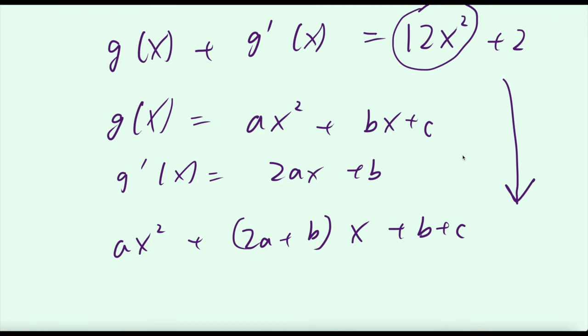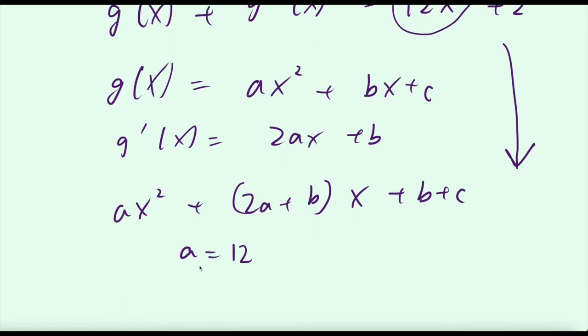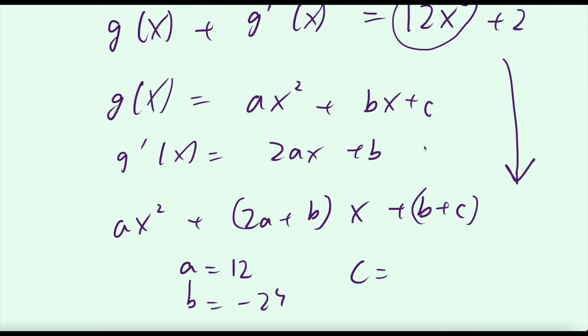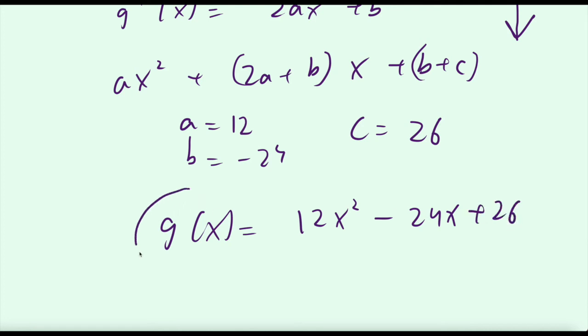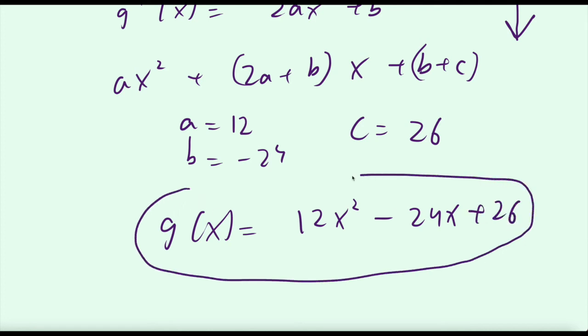Now if you equate the coefficients, you get a is equal to 12, 2a plus b is equal to 0, so b is equal to minus 24, and b plus c is equal to 2, so c is equal to 26. So there you have it, g of x is equal to 12x square minus 24x plus 26. And this is the answer.